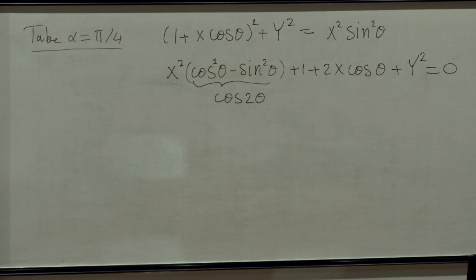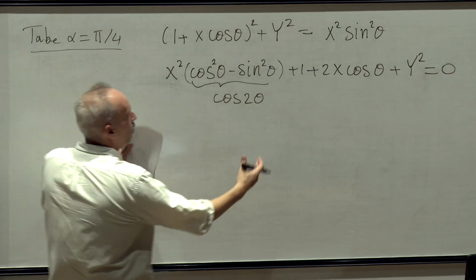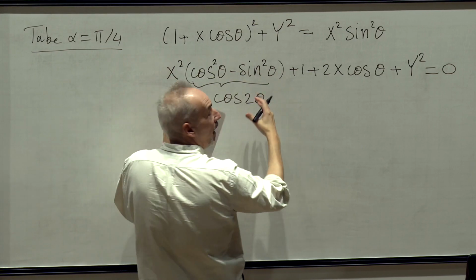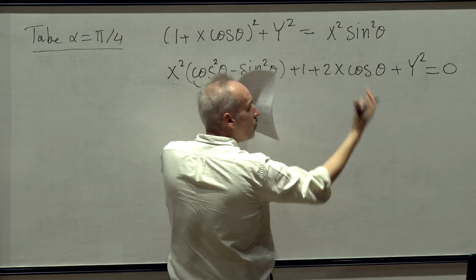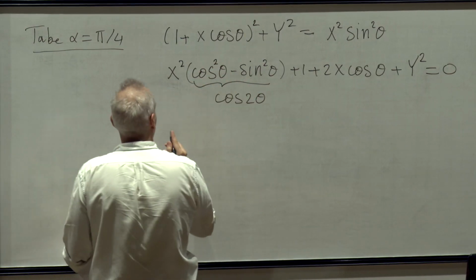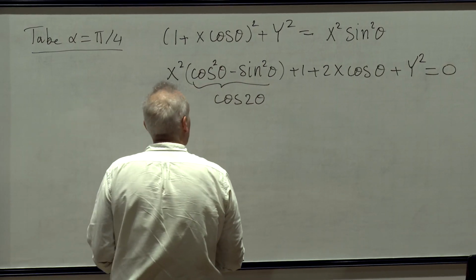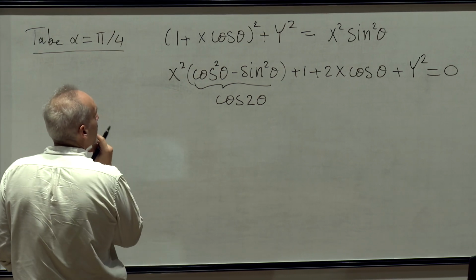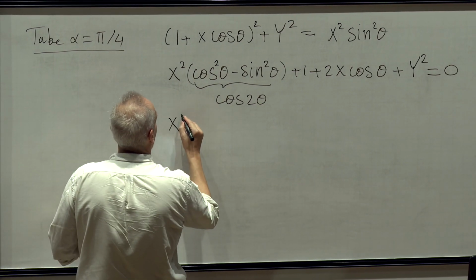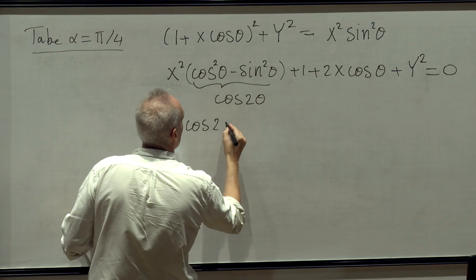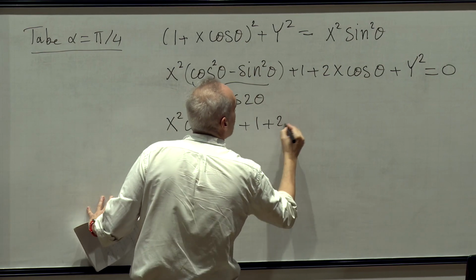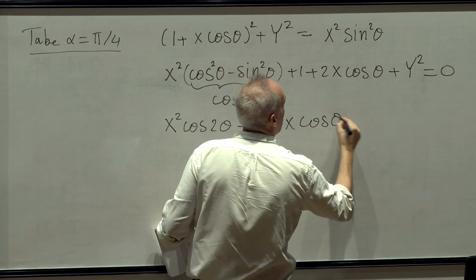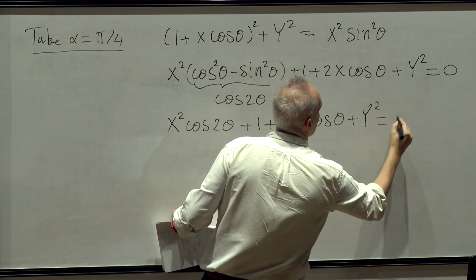And now I complete the square, right? Because I want to bring everything to a form of (x plus something) squared plus y squared equals 1. So let's complete the square. First, before we do that, okay, x squared cos 2 theta plus 1 plus 2x cos theta plus y squared equals 0.